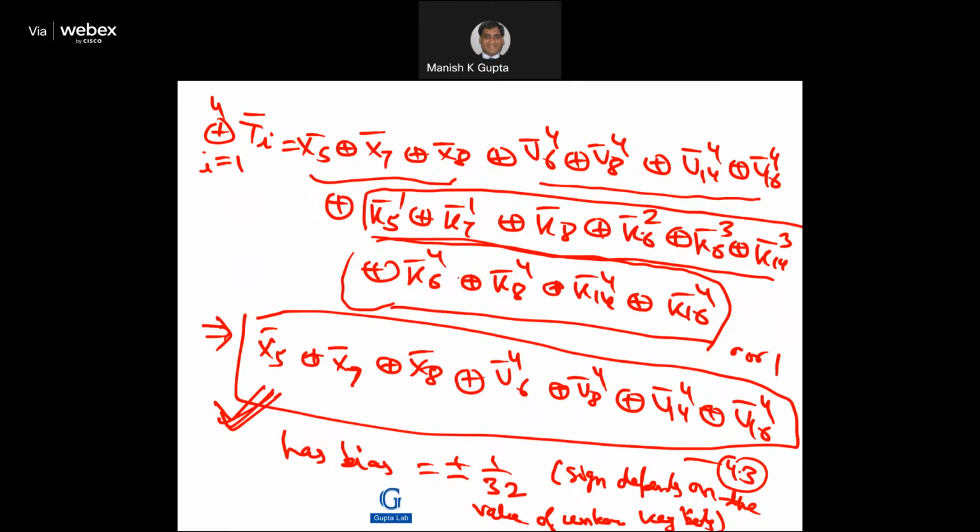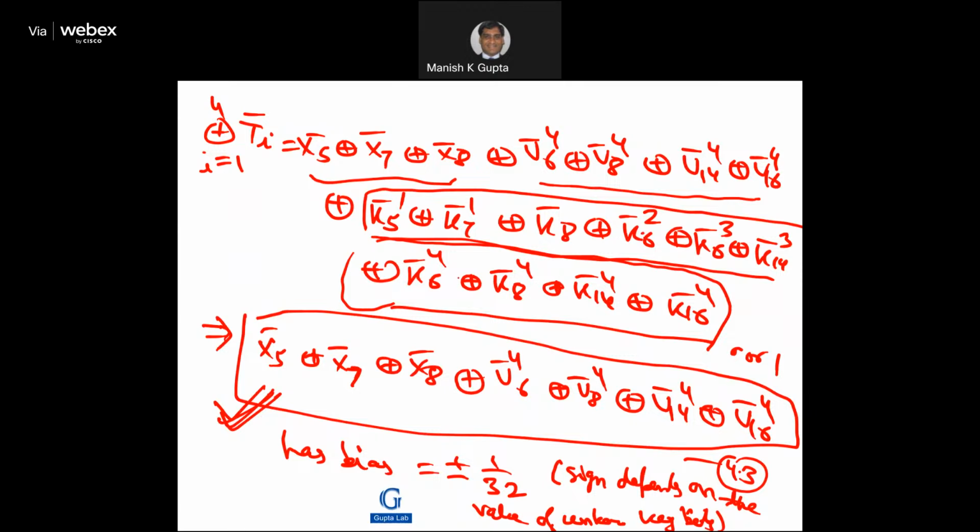We get something like this. So now you see that we have value in terms of plain text, x5, x7, x8 bit is involved in the plain text. Then input U64 is input to which? Round 4, right? Round 4, 6 bit. Input, so next one, so everything is there. And the rest of the key things I have written here.